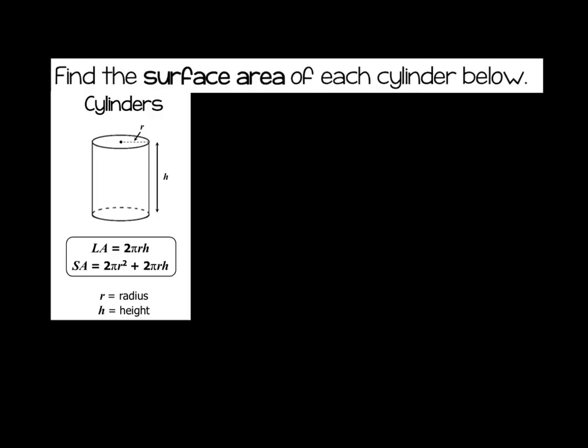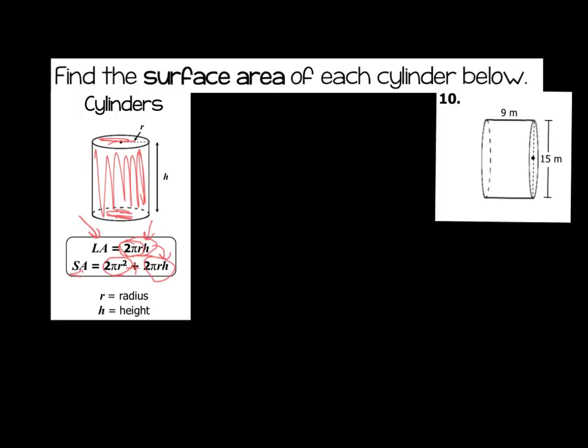So again, your lateral area around the sides is going to be 2 pi r times h, the circumference times the height. Add that to the 2 areas for the top and the bottom, and you've got the total surface area of a cylinder.